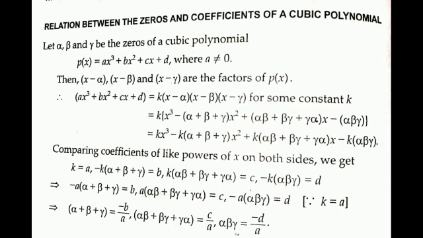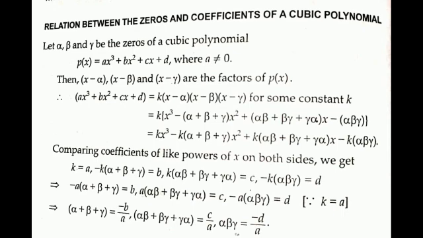Alpha plus beta plus gamma, we will call the sum of its zeros. Alpha beta plus beta gamma plus gamma alpha, we will call the sum of the product of its zeros taken 2 at a time. And alpha into beta into gamma, we will call the product of its zeros.